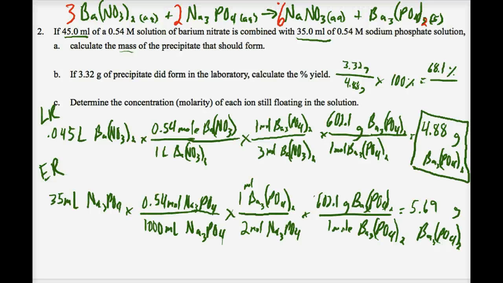It's always interesting that it doesn't have to be the paragraph story problem that we see in physics and math and chemistry to be somewhat labor intensive. You can have a simple command like determine the concentration of each ion still in solution. I don't like the word floating. So they have a simple command of a few words, but it's going to take us a little bit of work to actually figure that out.